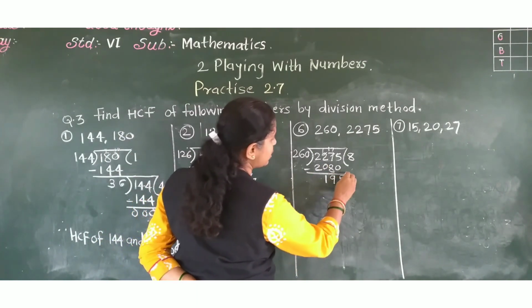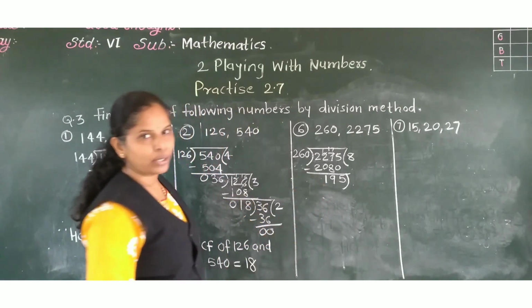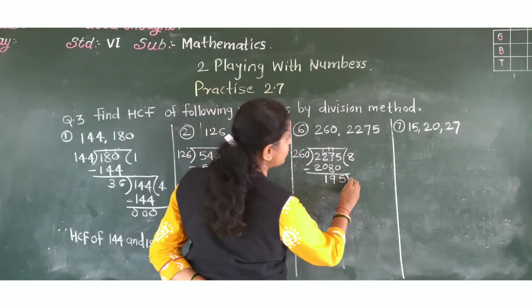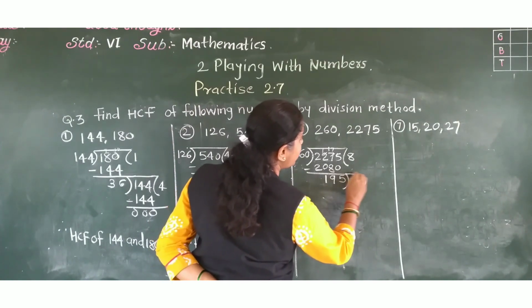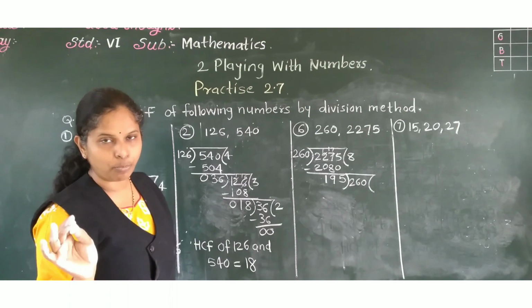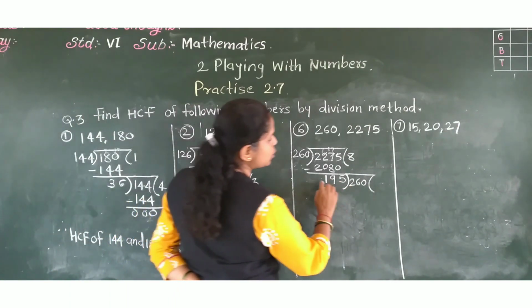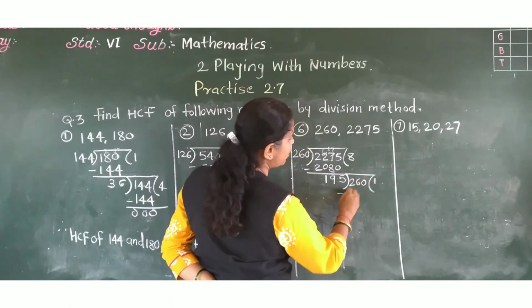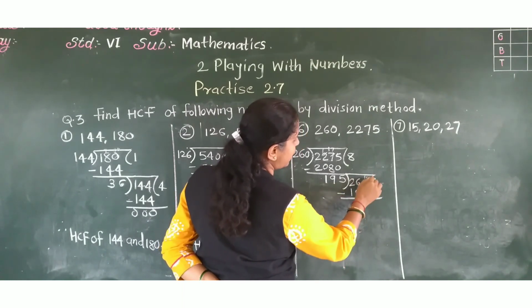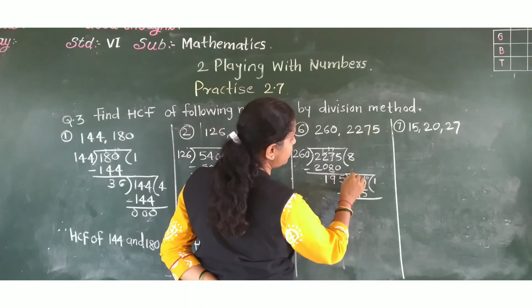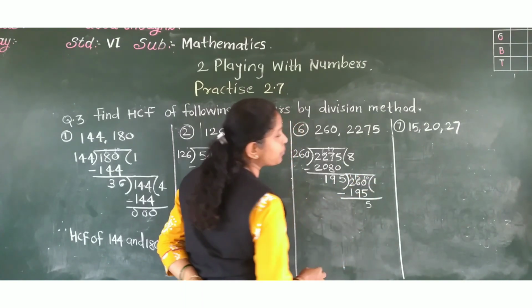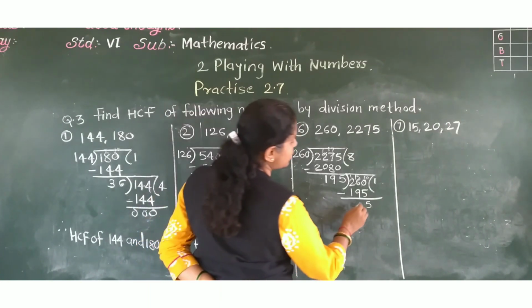And 1 as it is. Now this 195, we got no remainder. With this we will divide 260. Now if you do 195 2s, it will be more than 260. So 195 1s are 195. Now 10 minus 5, 5. 15 minus 9, how much? 6.